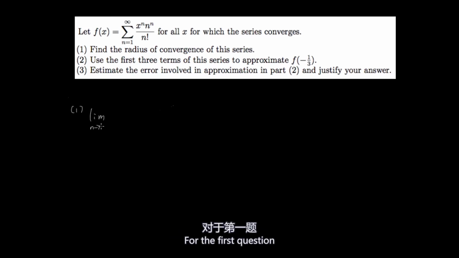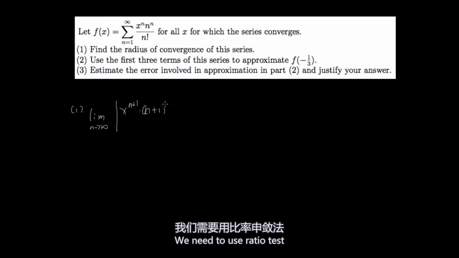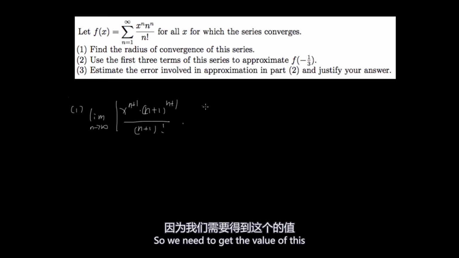For the first question, because we need to find the radius of convergence of this series, so we need to use ratio test. So we need to get a value of this.